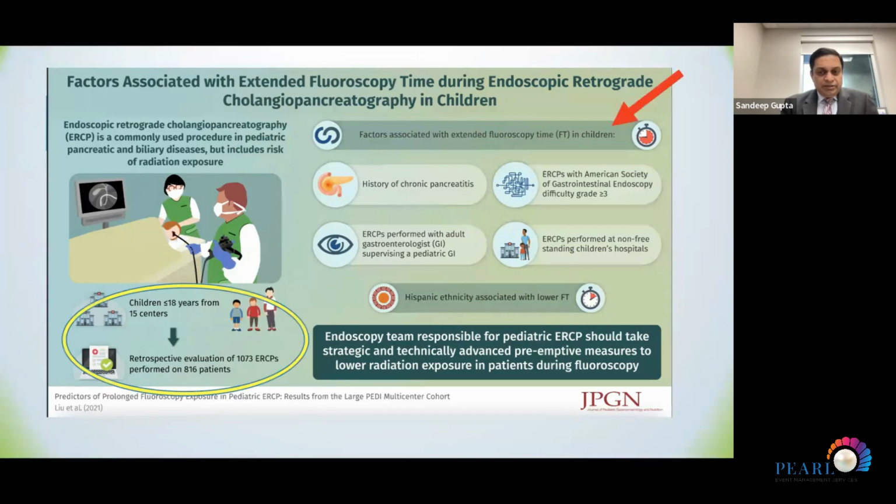They then examined the factors associated with extended fluoroscopy time in children, which were history of chronic pancreatitis, ERCP being performed by pediatric GI under supervision of adult GI, difficult ERCP, and ERCP at a non-freestanding children's hospital. All of these factors were associated with extended fluoroscopy time.